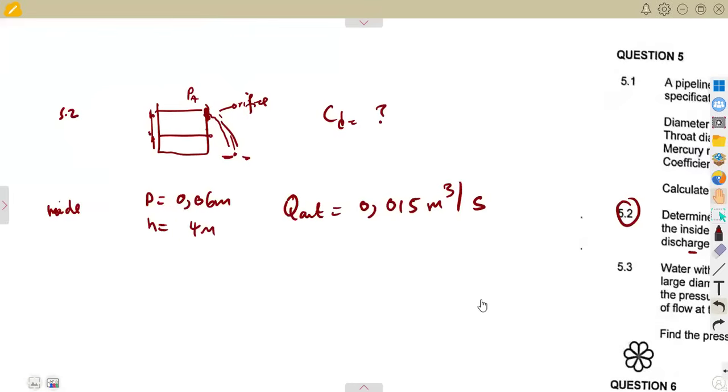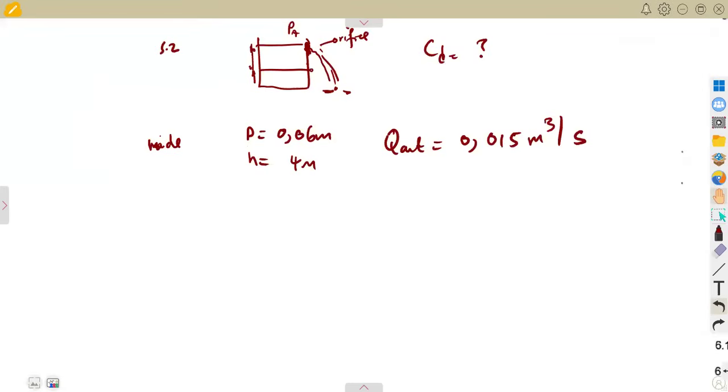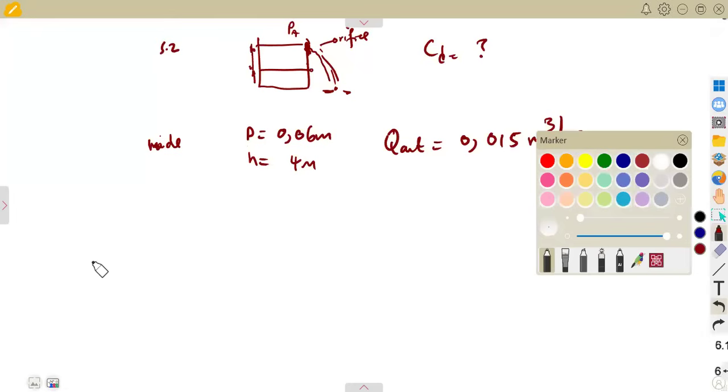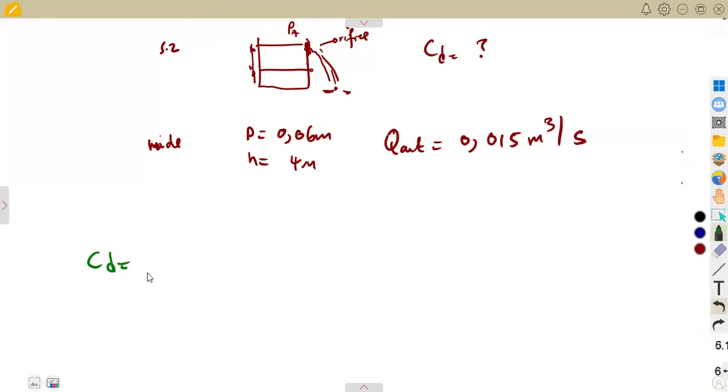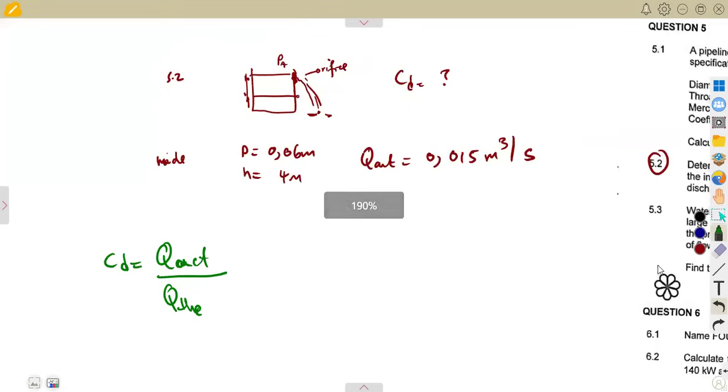It follows that the coefficient of delivery from our formulas is the ratio of the actual flow to the theoretical flow. In this case, the actual flow is already given, but we do not have the theoretical flow.